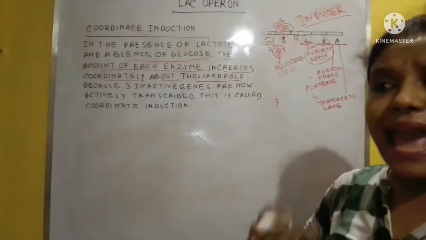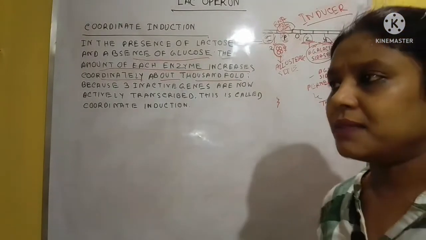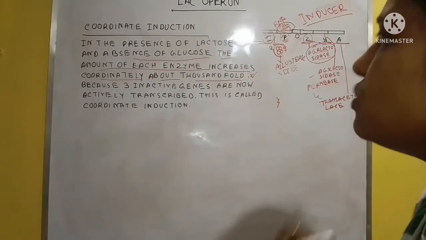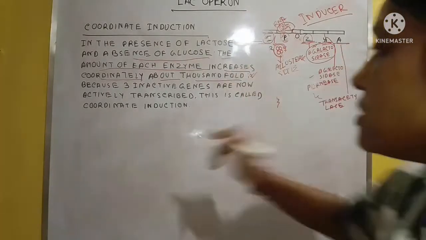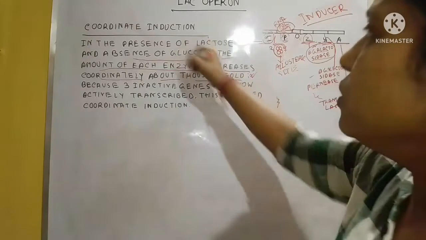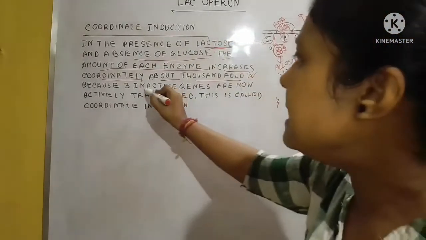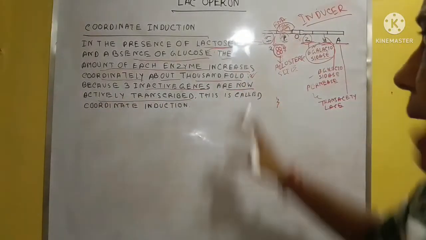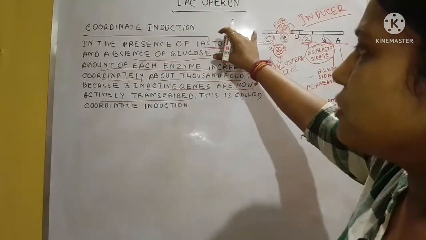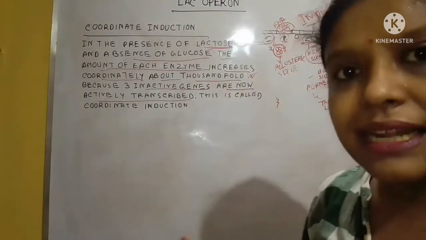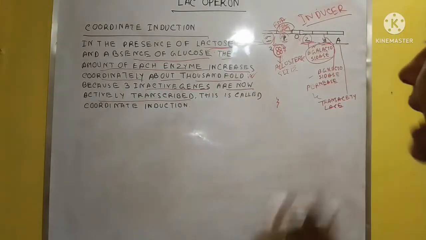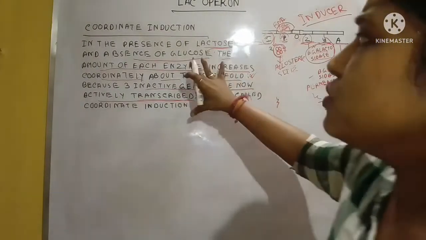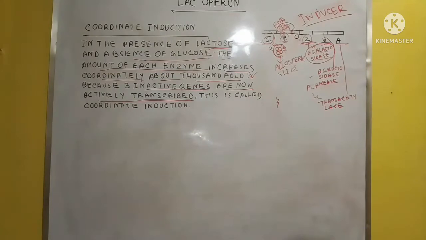So the activity of all the enzymes will be increased 1000-fold. In the absence of glucose and the presence of lactose, the structural genes that remain inactive become actively transcribed. So this situation is called the coordinate induction.